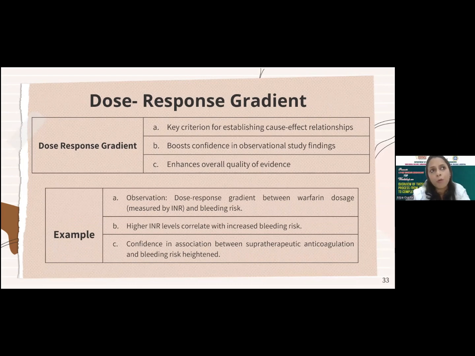Or supposing we are seeing the effect of certain NSAIDs on post-operative pain, if they are considering the doses of NSAIDs in giving the outcome in the form of post-operative pain, that study will definitely have a good quality of evidence rather than those studies which are not mentioning the dose response of NSAIDs in achieving post-operative pain relief.